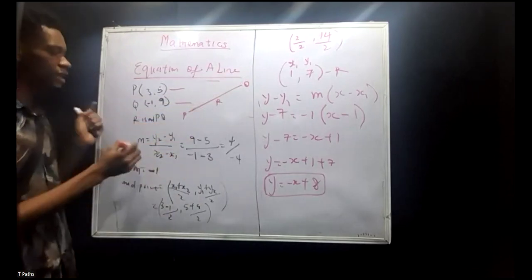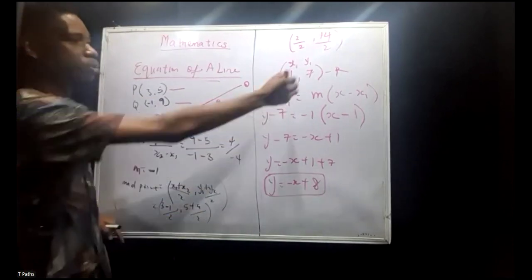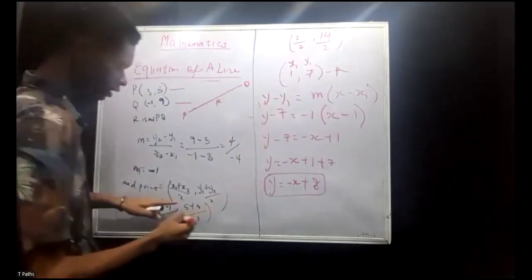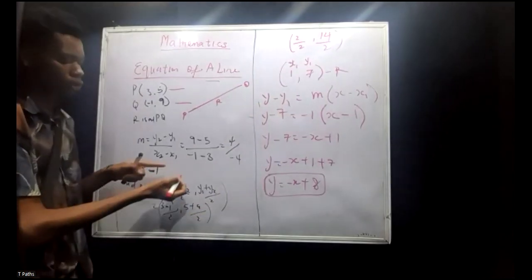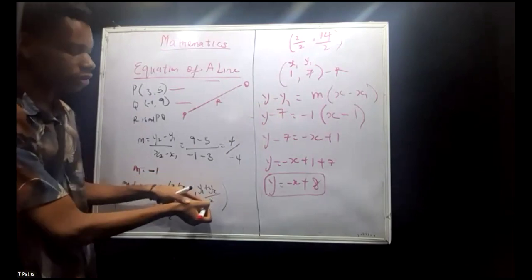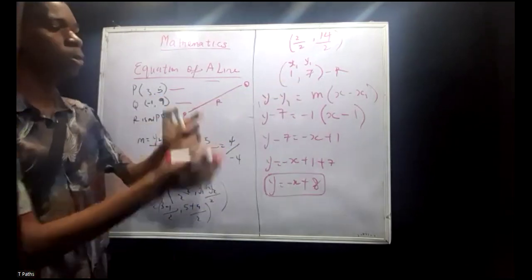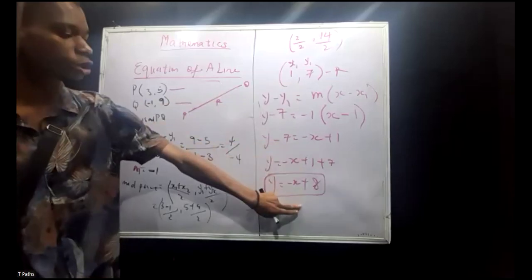So now the next thing after calculating the gradients is to calculate the midpoint. So calculating the midpoint was what I did here using the formula x1 plus x2 divided by 2, comma, y1 plus y2 divided by 2. So if you've calculated the midpoint, you can now use the 1 point form to calculate the equation of the line.